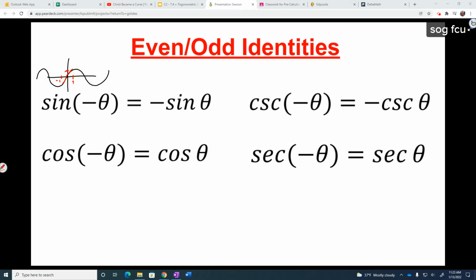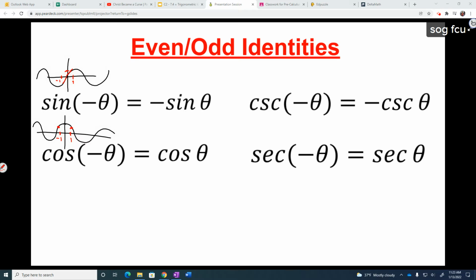But if I were to look at the cosine, it looks like this. It starts at the top, goes down this way. If I were to do the same thing with cosine, say right here, the positive 1 and the negative 1, they're actually the same y value. See, they're on the same level. If I were to go out here, they're the same y value.